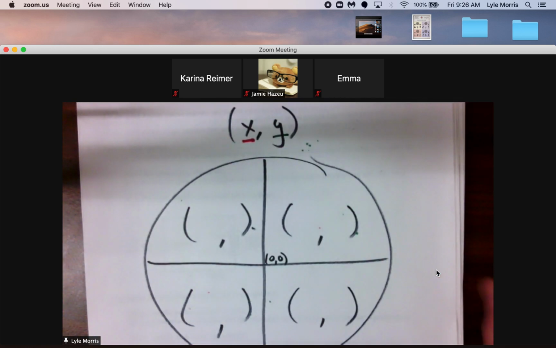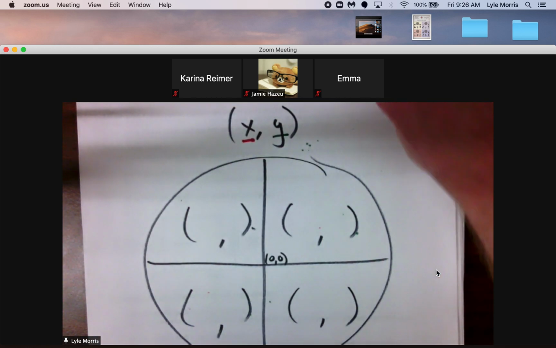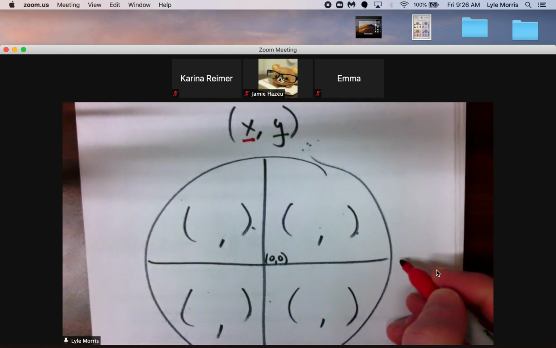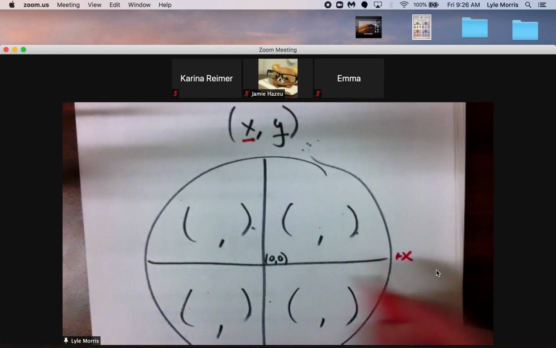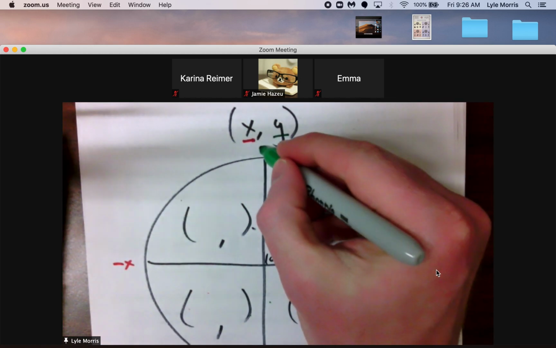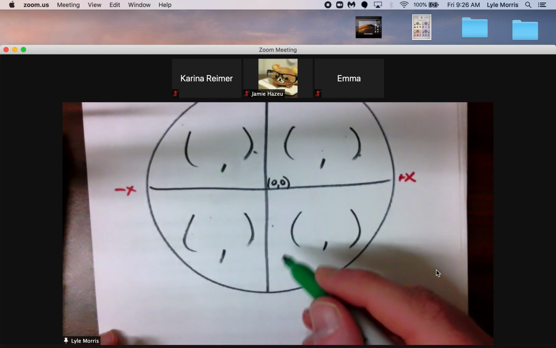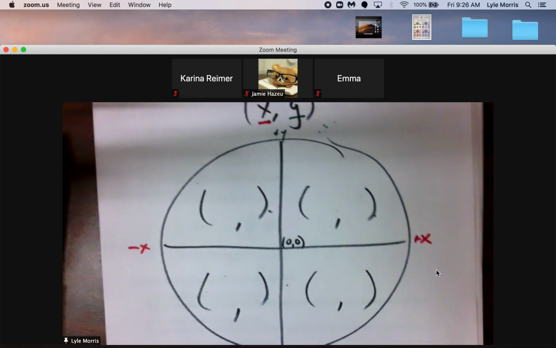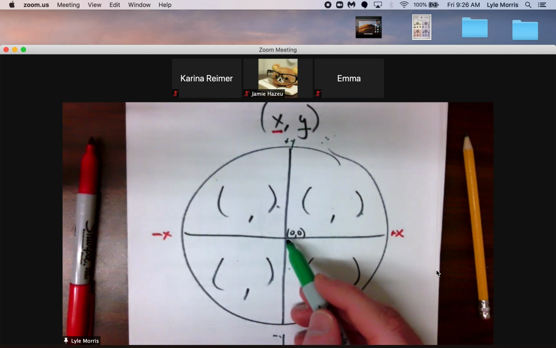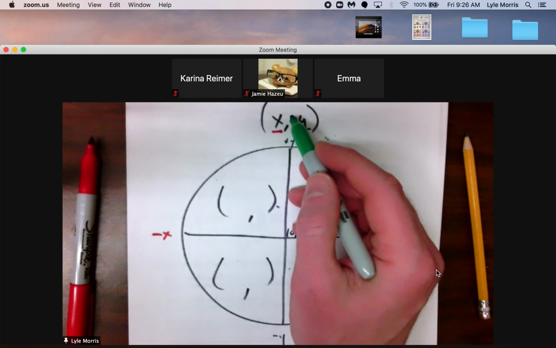So in a circle here, this is the x-axis. This is positive x, this is negative x. This is positive y, this is negative y.